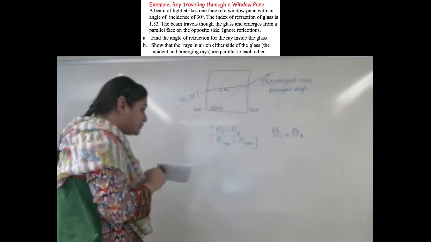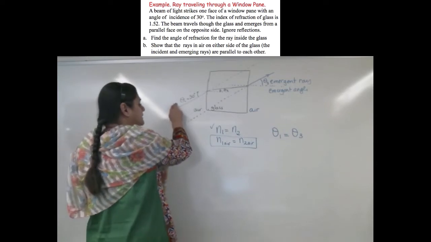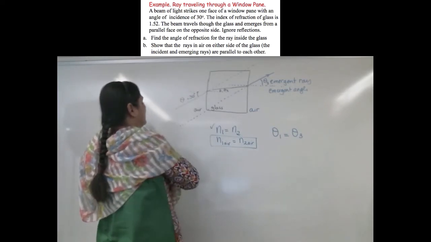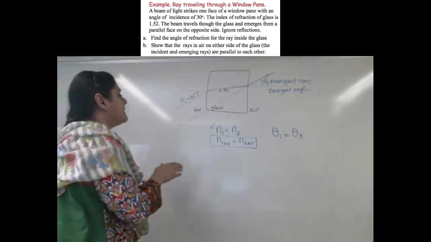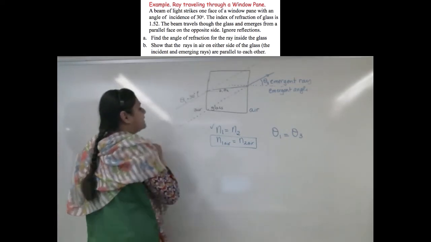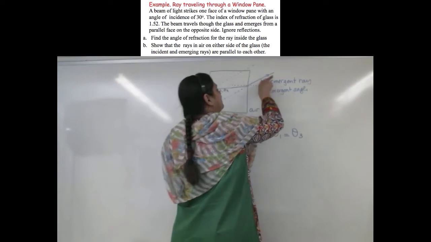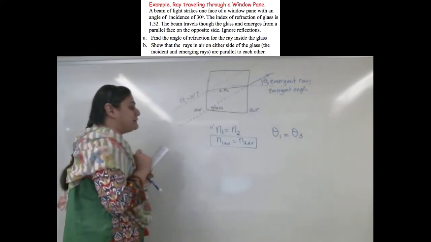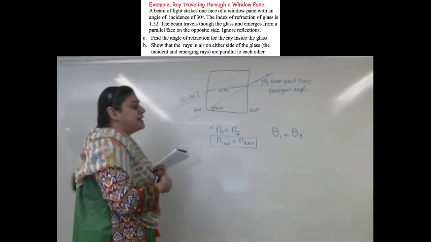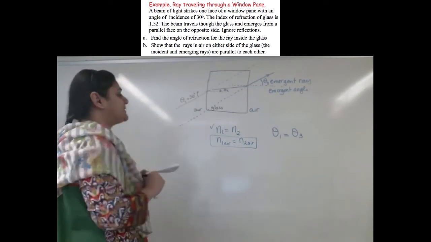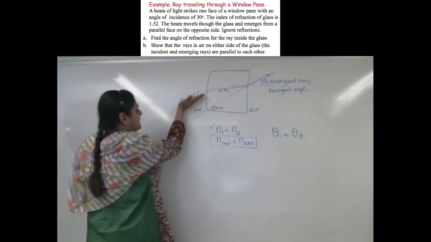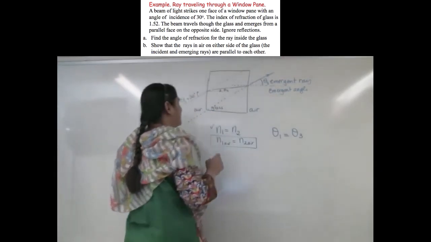If I can prove that theta 1, which I called theta I before but am going to call theta 1 now, because this is my incident angle at boundary 1, equals my emergent angle from boundary 2, that will be my proof number 1 that these two rays are parallel. So the one ray coming in is parallel to the one ray going out.